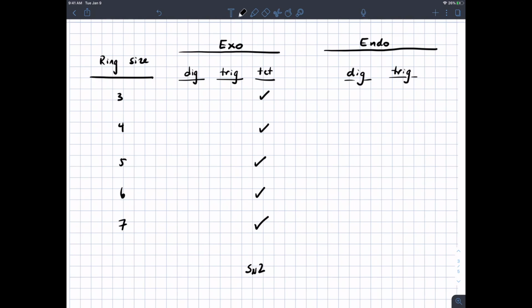And this is maybe something that you've already thought about, or at least already noticed, because back in 351 and 352, we used to make rings all the time, sometimes with substitution reactions, and we never worried about whether or not the ring would work.